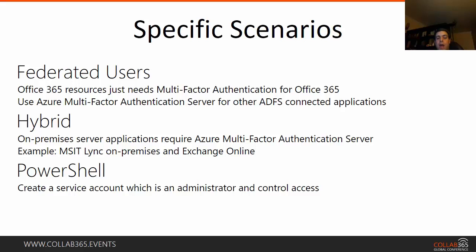You can have hybrid on-premises server applications that require the multi-factor authentication server, for example, MC Link on-premises and Exchange Online. And you can have PowerShell too. You can create a service account, which is an administrator, and control access. But you can have those kinds of scenarios.